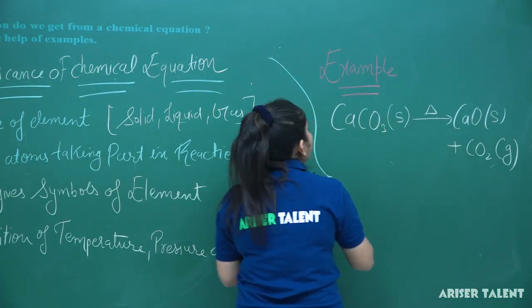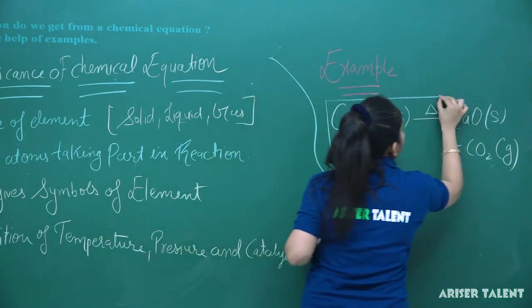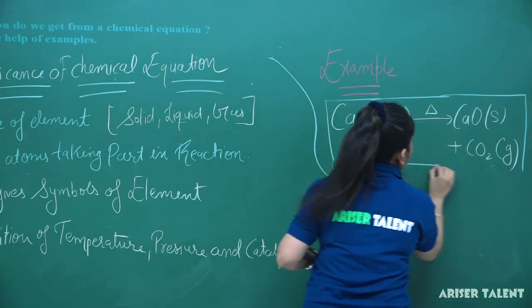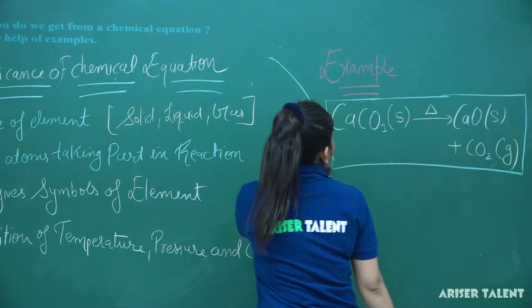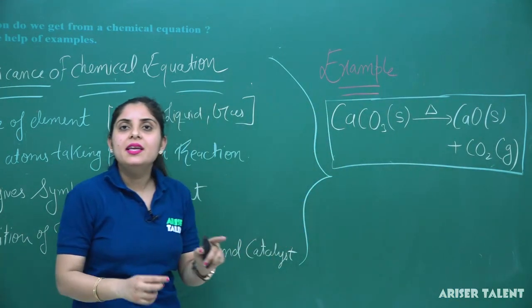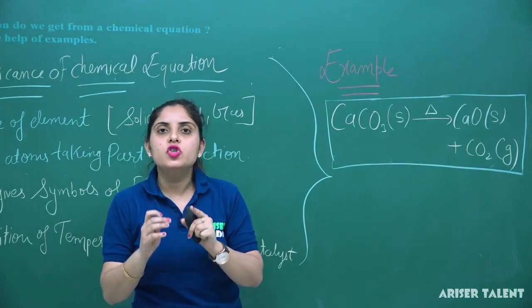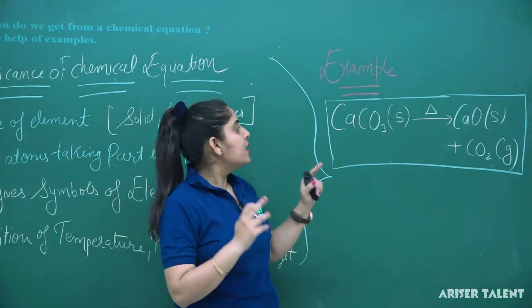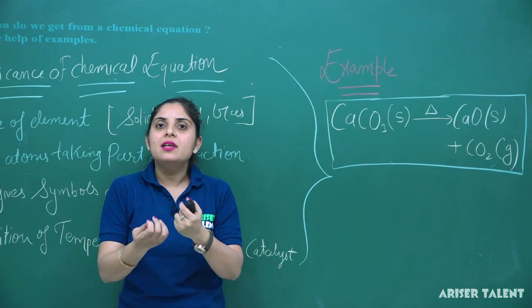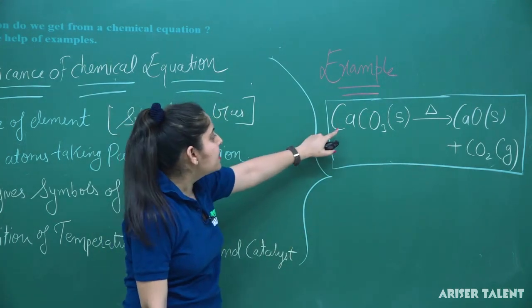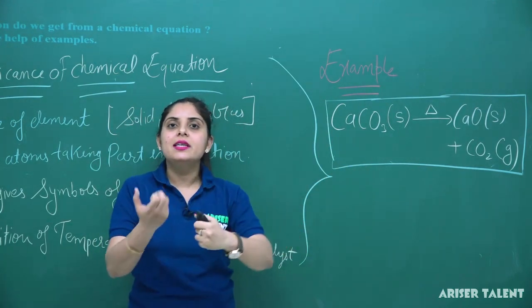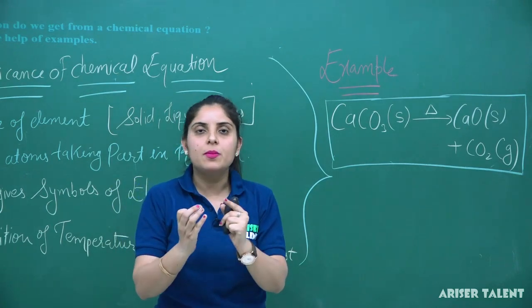So this is the chemical equation and we will know about it, how it is important. So here the chemical equation I have written is a decomposition of calcium carbonate. So firstly, the symbol gives us the name of the element. If I am writing CaCO3, it will be easier to understand that it is the calcium carbonate.